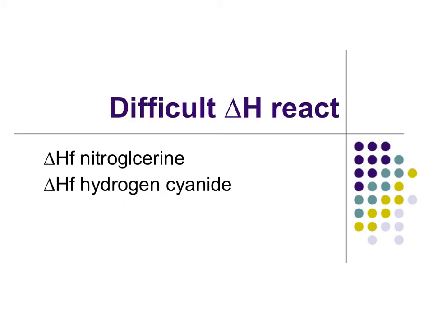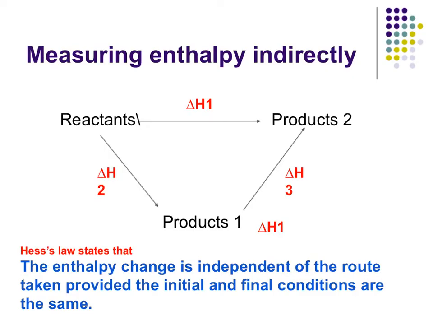Again, hydrogen cyanide is toxic, so the delta HF wouldn't be something that we would want to measure in the lab. So therefore we use these energy cycles with reactions that we already know the enthalpy change for, to calculate, I should say, the enthalpy changes of these more tricky reactions.